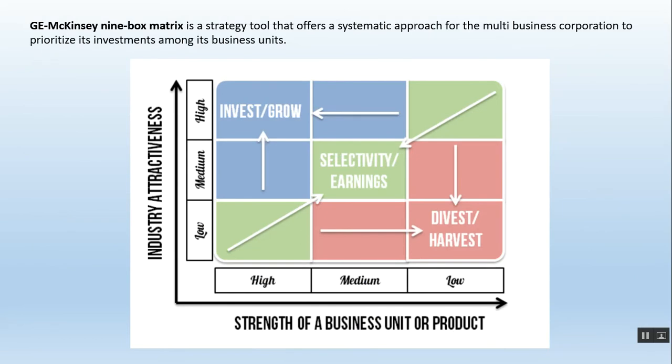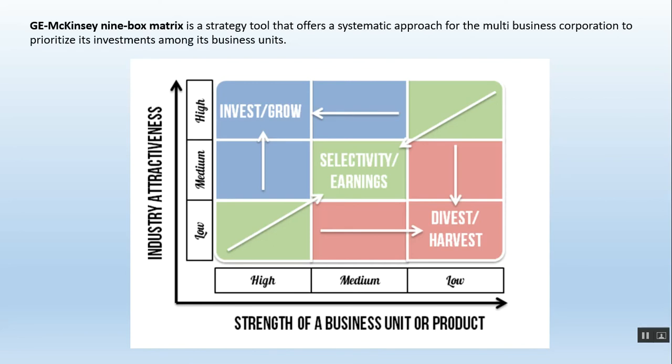A follow-up, something that seemed to improve upon the BCG model, was the McKinsey 9-box matrix, which again is a strategic tool that offers an approach to multi-business corporations to prioritize investments amongst different units. The axes would be industry attractiveness versus the strength of a business unit, and that would determine your investments.